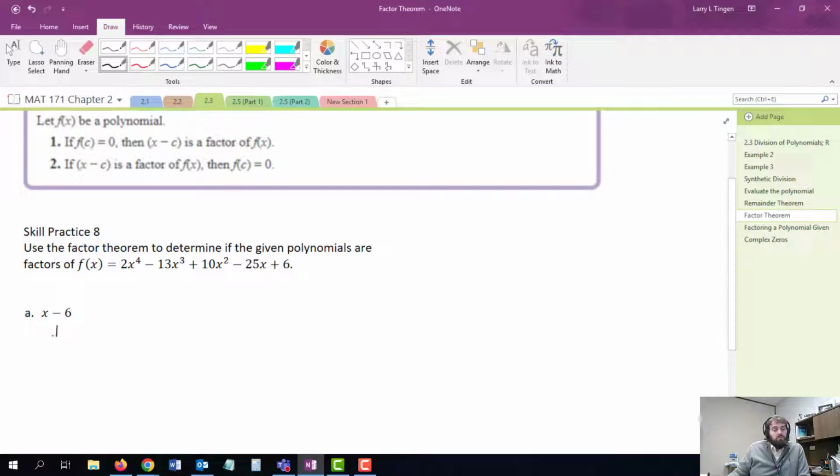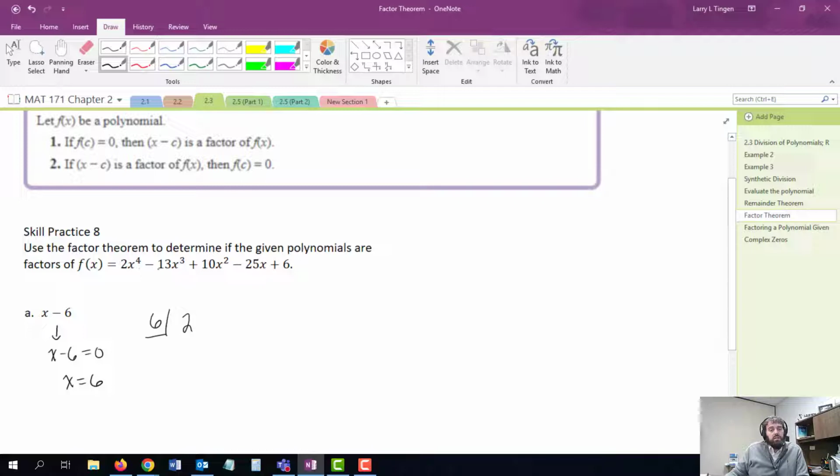So remember our rules here. X minus 6 corresponds to a 0 of 6. So I'm figuring out if I plug 6 into f of x, what do I get back? All right, so 6 goes in the box.